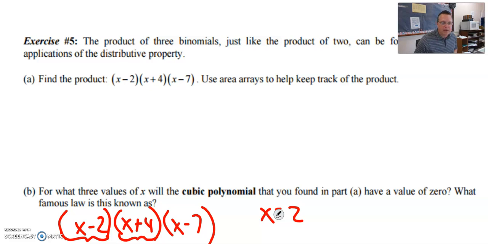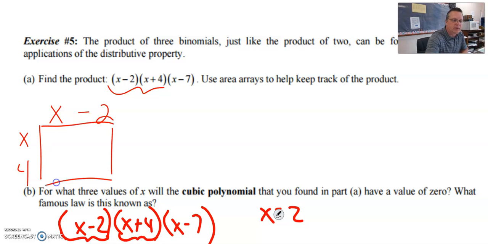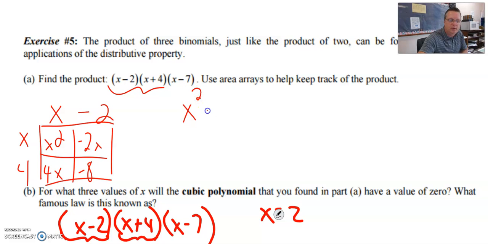Now, the next one, this can happen. You have 3 binomials. Just do 2 first, and then do the last one. So we have x minus 2, x plus 4. Here we go with this one: x squared minus 2x, 4x minus 8. So I'm going to put it like this: x squared plus 2x minus 8. That's just the x minus 2 times x plus 4.